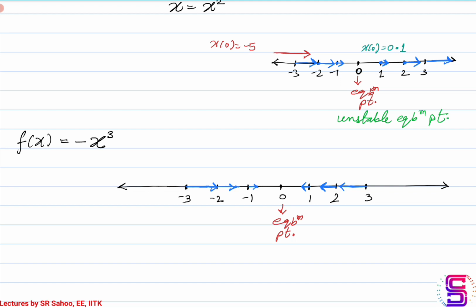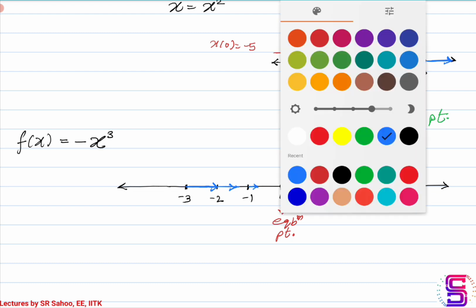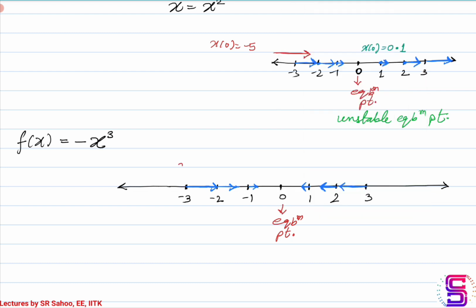Now, from the vector field drawn, we can predict how the solution is going to evolve given an initial condition. Okay, so let's say the initial condition that interests us is x of 0 to be -3.